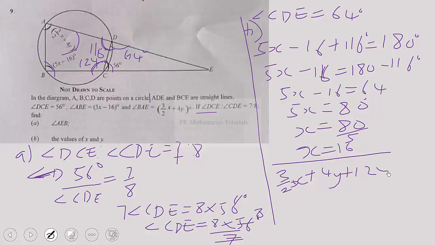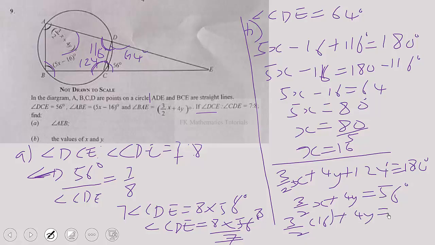So plus 124 degrees will be equal to 180. Then we have 3 over 2x plus 4y will be equal to 180 minus 124, which will be equal to 56 degrees. So we know that x is 16, so 3 over 2 times 16 plus 4y is equal to 56. So 2 going into 16 is 8, 8 times 3 is 24. So 4y will be equal to 56 minus 24. So 56 minus 24 is 32.